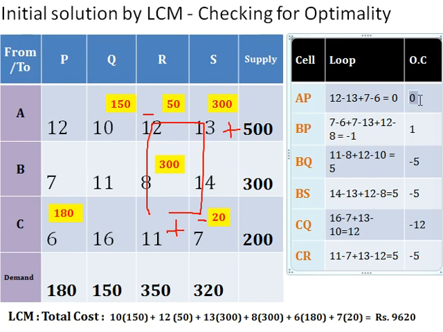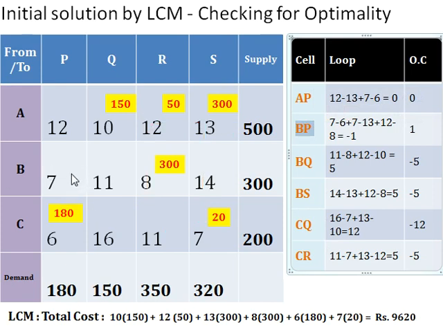Now we are observing the opportunity costs, to see which one has the maximum positive value. As you can see, this cell has the highest opportunity cost. So modification needs to be done in this cell. So we are changing the allocation for this unoccupied cell. Okay, so let's see how we can modify this.